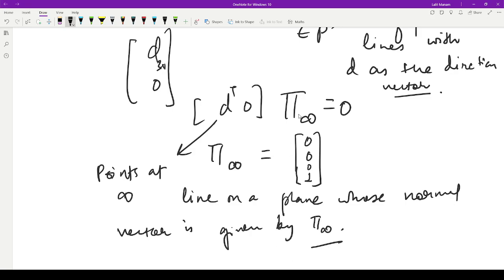Is this part clear? So here we are in P3 space, 3D projective space, just to be clear.